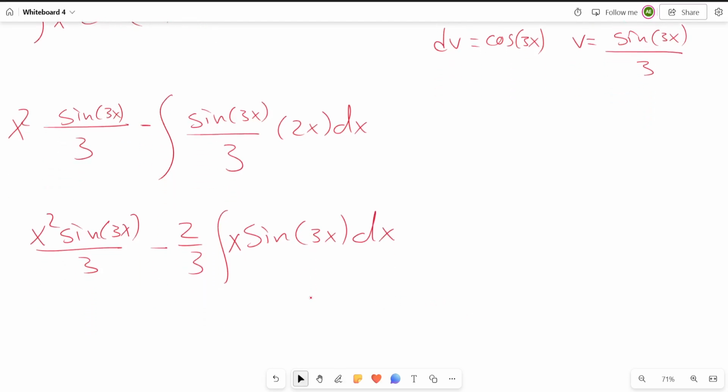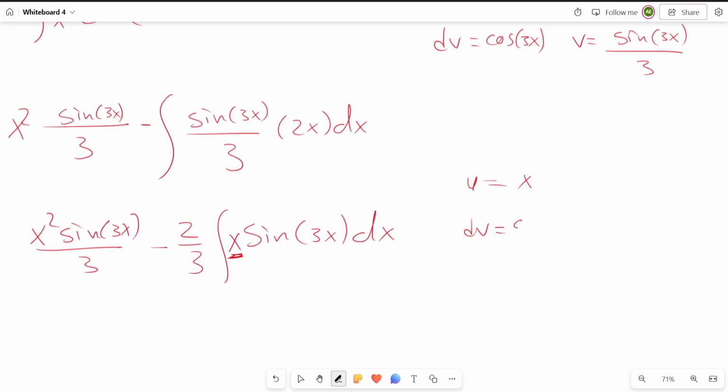Again, this integration over here I will need to use the integration by parts one more time in order to integrate this expression. So I'm going to have my u as x, which is this part, and my dv, I'm going to have it as sine 3x.